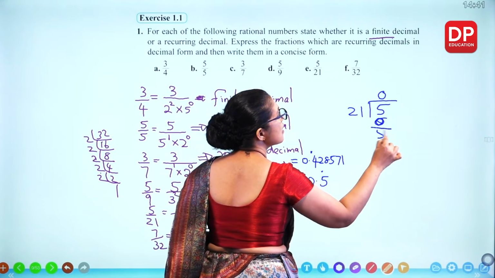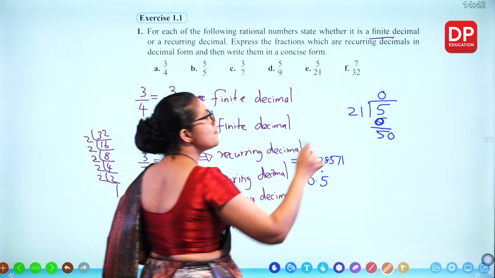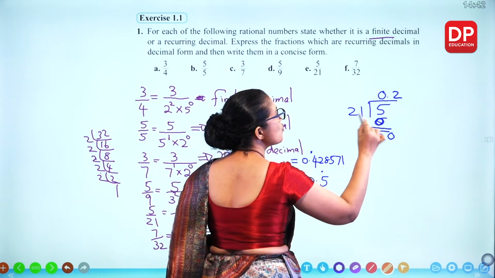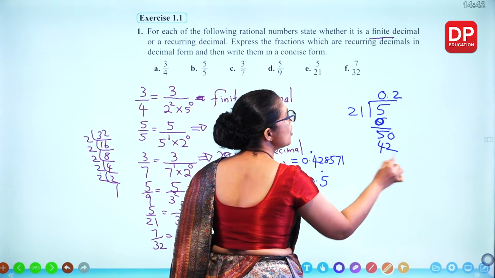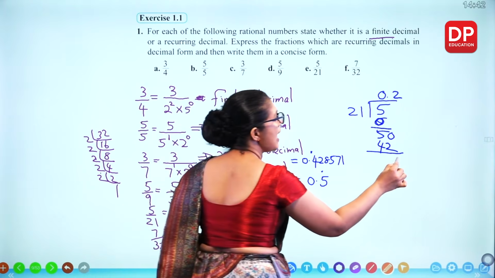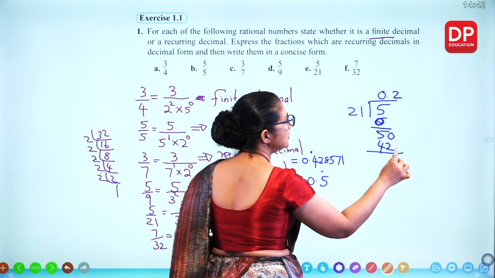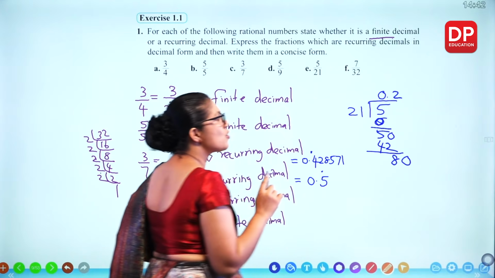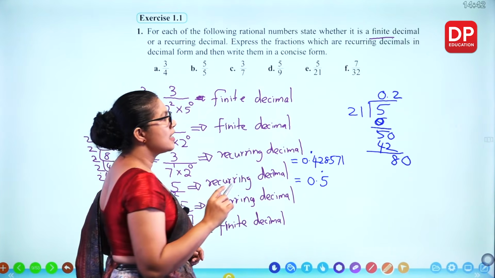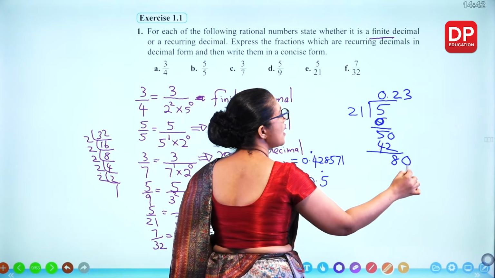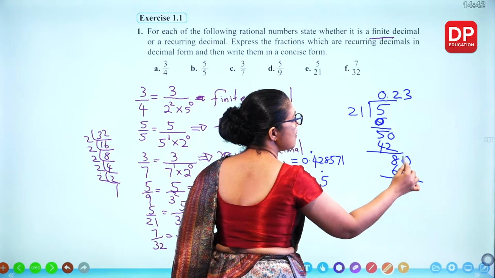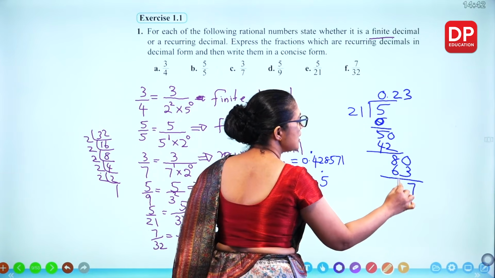So how many 21s for 50? 2. 2 times 21 is 42. Subtract, you get 8. For 80, how many 21s? You get 3. 3 times 1, 3. 3 times 2, 6.